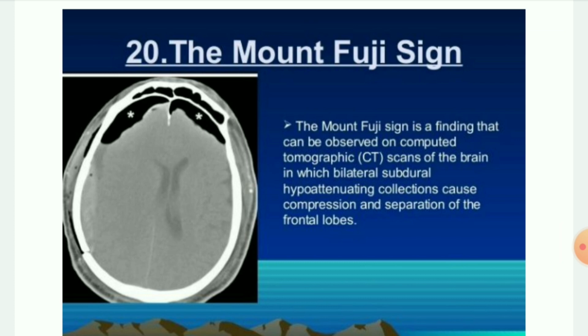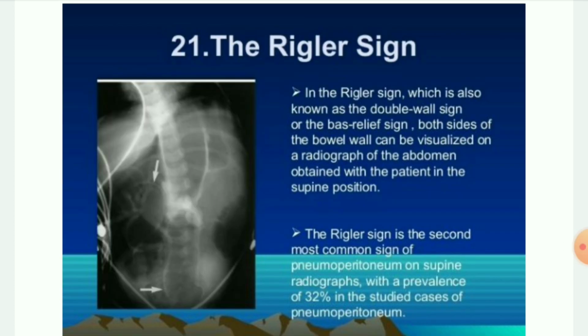Tension pneumocephalus occurs most commonly after neurosurgical evacuation of a subdural hematoma. Treatment options for tension pneumocephalus include drilling of burr holes, craniotomy, needle aspiration, ventriculostomy placement, administration of 100% oxygen, and closure of dural defects. Next sign is the Rigler sign.